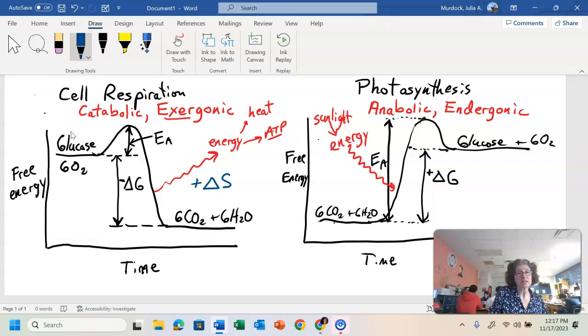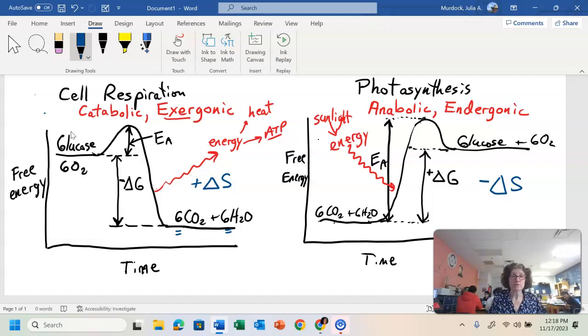So we have a positive delta entropy value for exergonic reactions. There's more disorder, more chaos in 12 particles than there are in 7. And then conversely, over here, we are taking those 12 particles and organizing them. So then entropy is negative for photosynthesis, right?